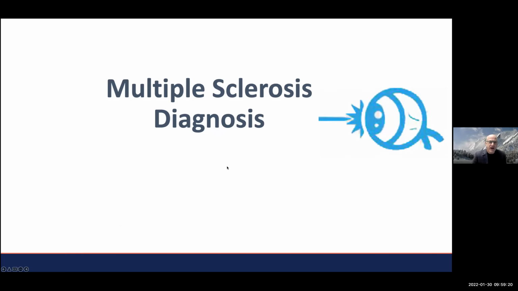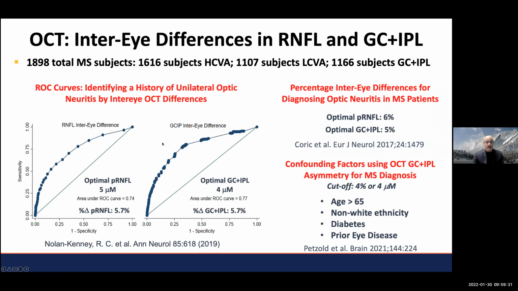So let's take a look at OCT and multiple sclerosis diagnosis. And yes, I mean multiple sclerosis diagnosis. There's been some nice recent work by colleagues at NYU looking at receiver operator curves, asking whether we can identify a history of unilateral optic neuritis by inter-eye OCT differences in either the peripapillary retinal nerve fiber layer or the ganglion cell interplexiform layer.